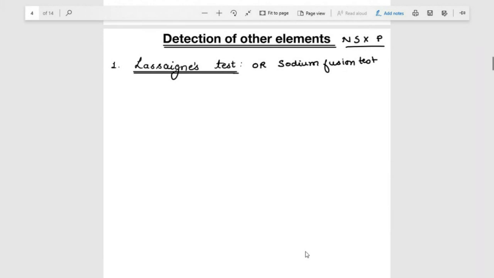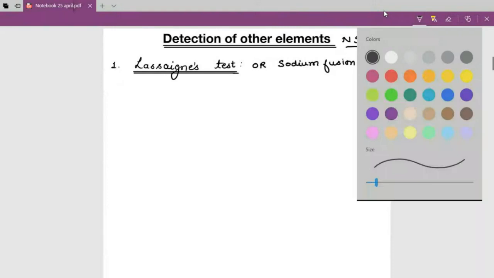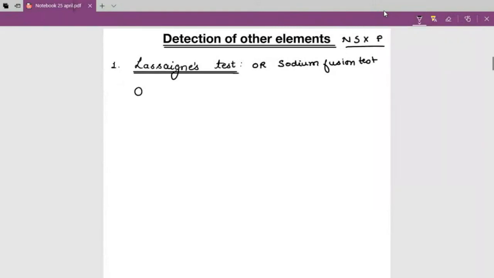Now, what we do in this particular method is we take our organic compound, we heat it with sodium very strongly. Now let me show you.